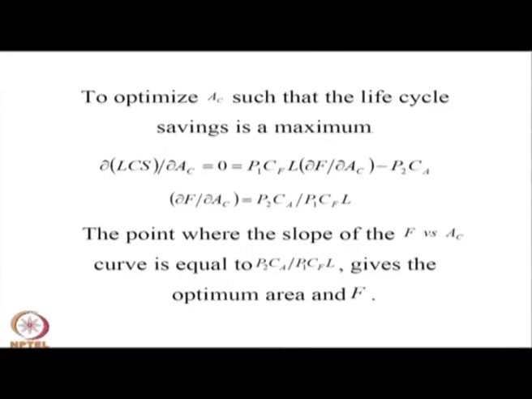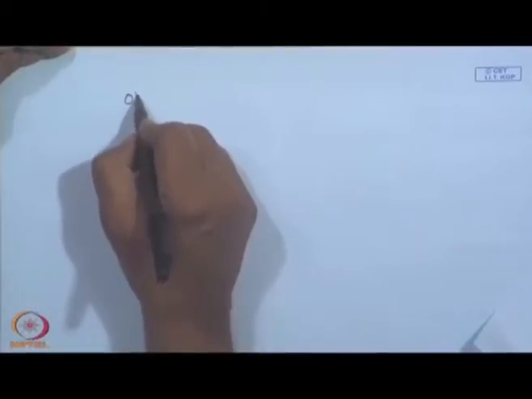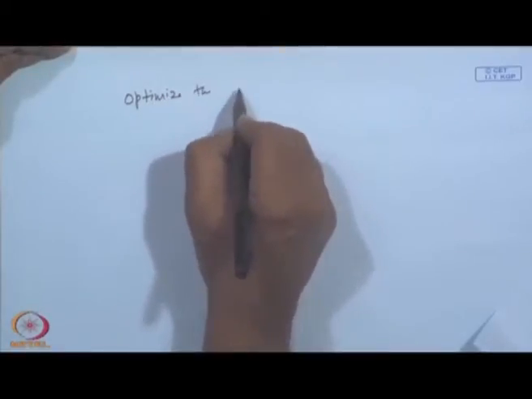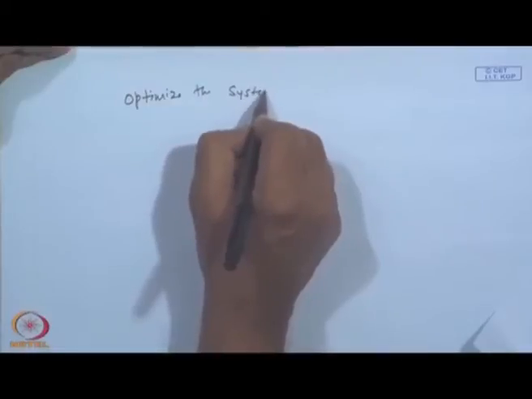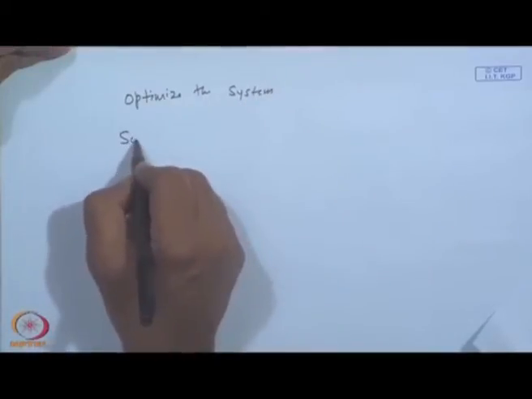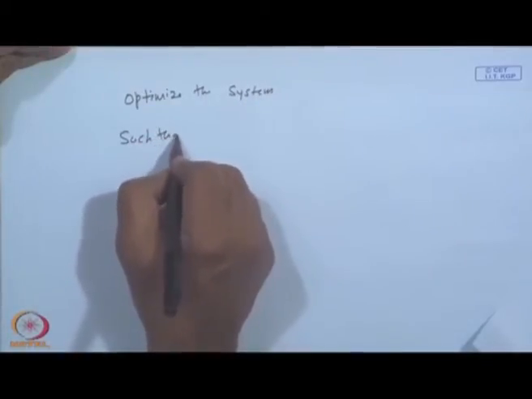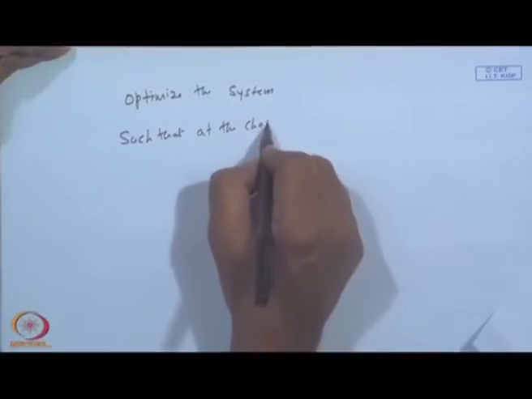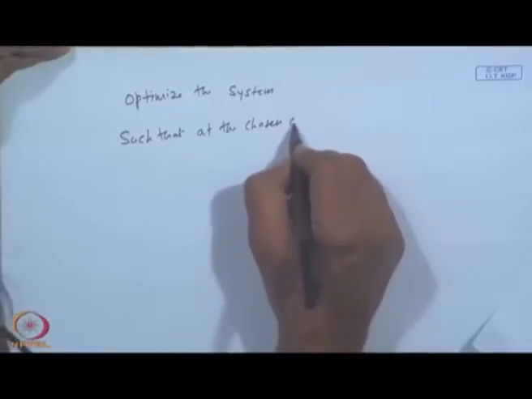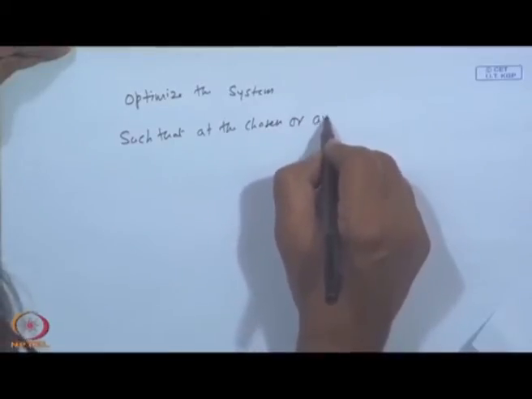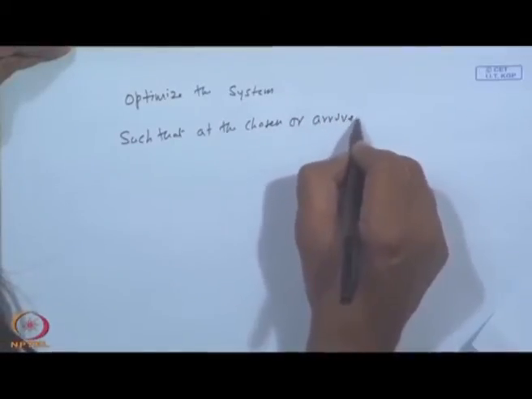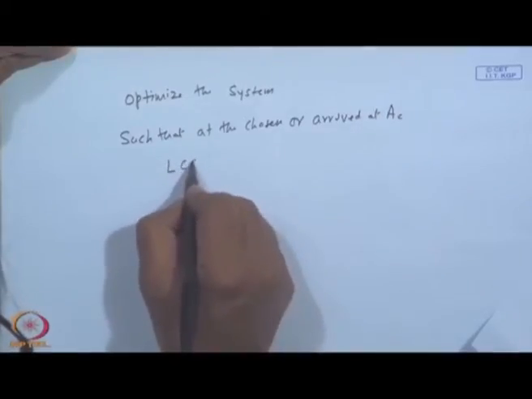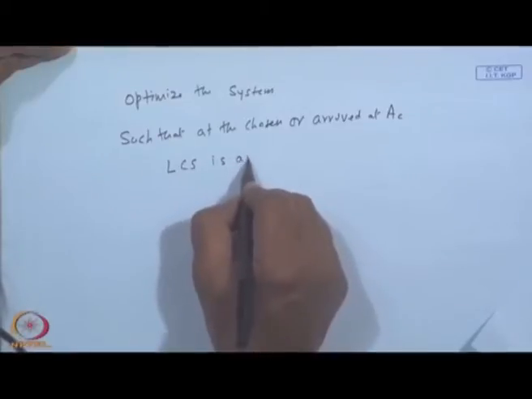So, how do we optimize AC or system? Such that at the chosen or arrived at AC, LCS is a maximum.